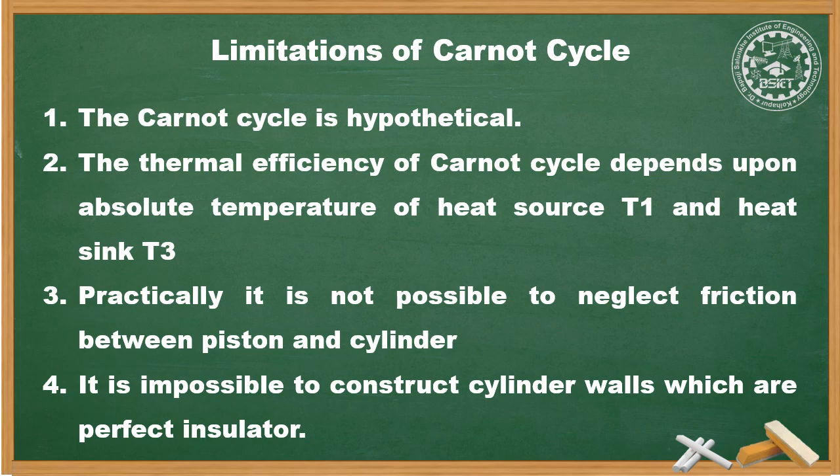It is not possible because it is impossible to construct cylinder walls having perfect insulation, that is, no heat transfer takes place. Other than this, there are also some limitations, such as the isothermal process requires a very small or very slow speed of operation, and it is very difficult to obtain in this mechanism.